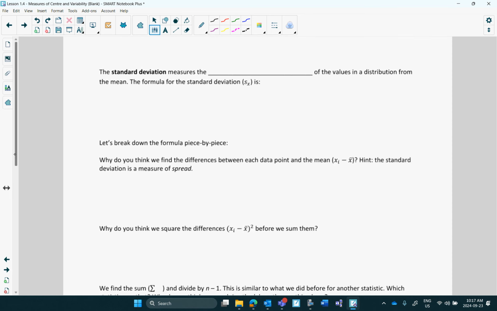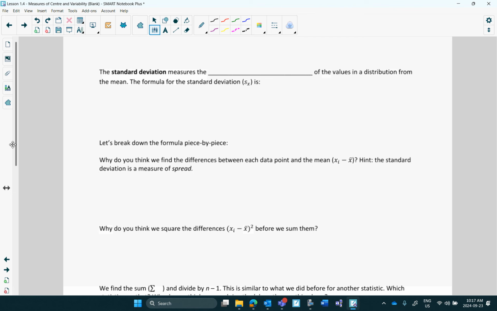This next one. Standard deviation. The standard deviation measures the typical distance each value is from the mean. Okay, so standard deviation, you need to know the mean to calculate it.